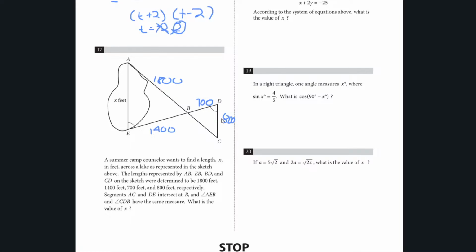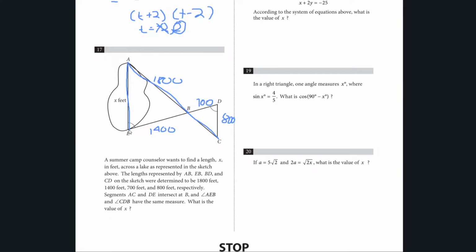Let's see. So this side here, BC, is going to be proportional to the same side E is pointing to, AB. However, we want this x, which is going to be proportional to 800.